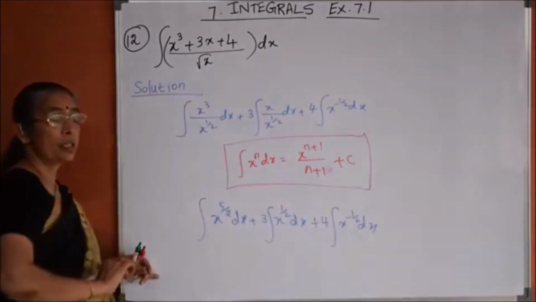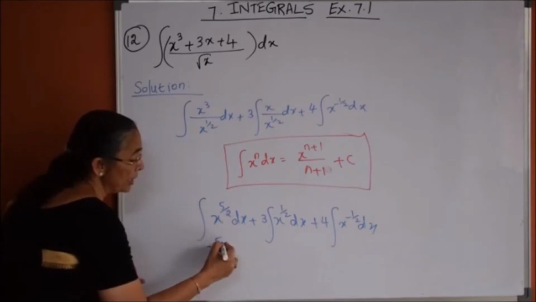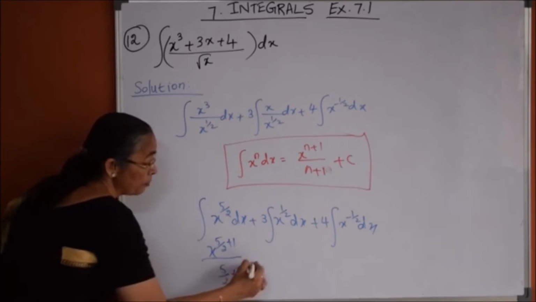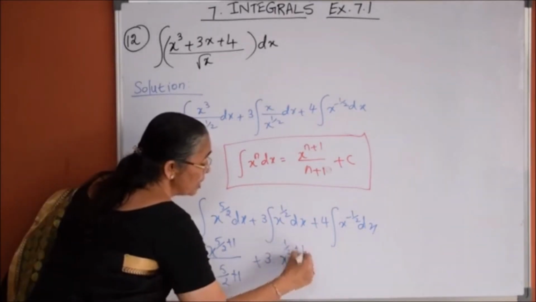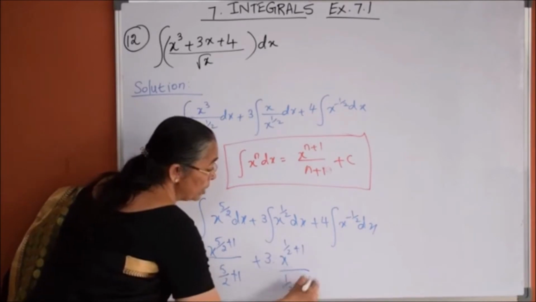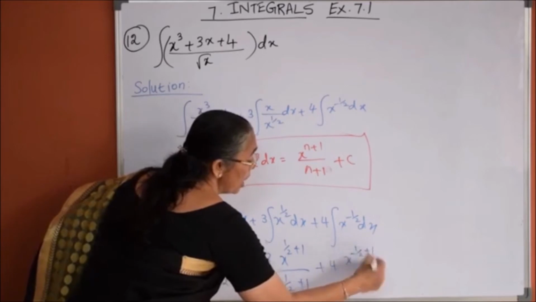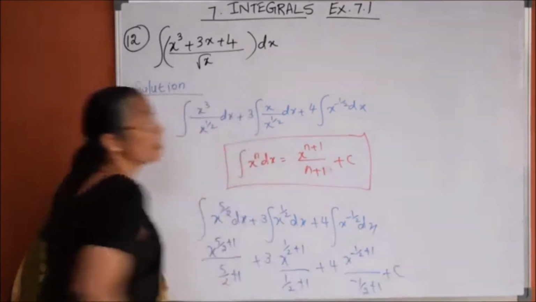Now, using this formula, integration of x power 5 by 2 is x power 5 by 2 plus 1 by 5 by 2 plus 1, plus 3 of x to the power of half plus 1 by half plus 1, plus 4 into x to the power of minus half plus 1 by minus half plus 1, plus c.